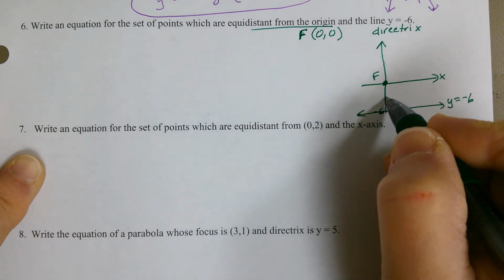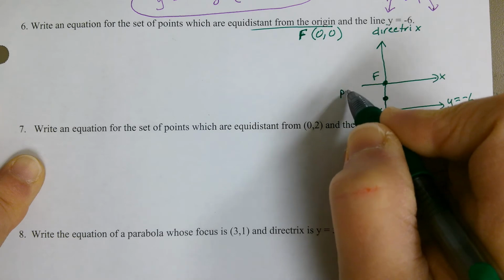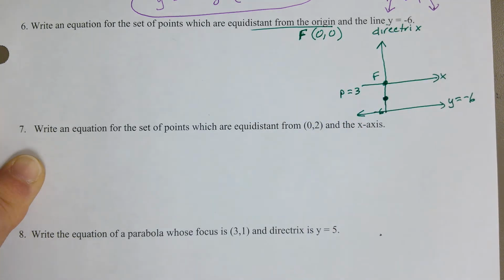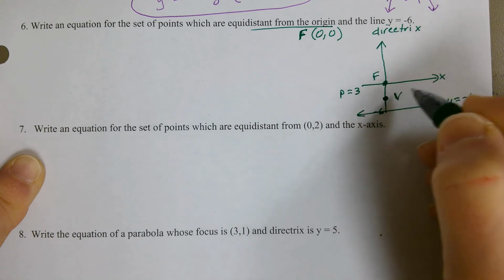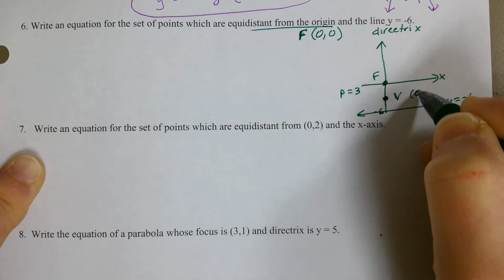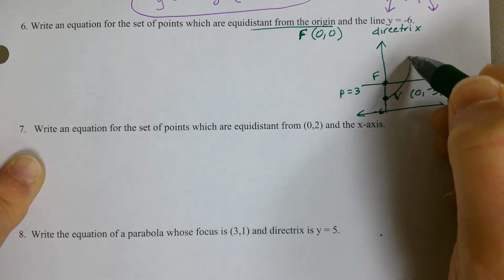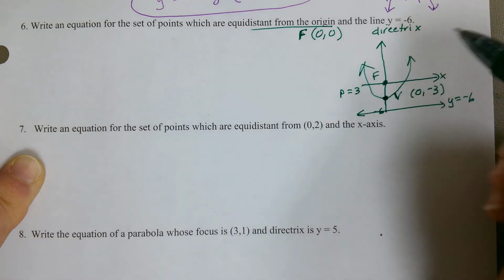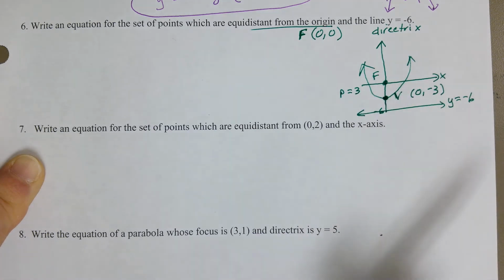The vertex would be midway between, at 3 units. So p is equal to 3. Here's our vertex at 0, -3. It opens upward. Remember, because the focus is always between or inside the two halves of the parabola.